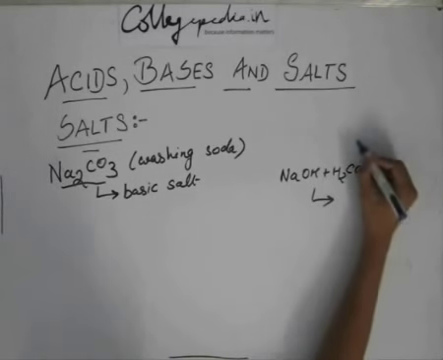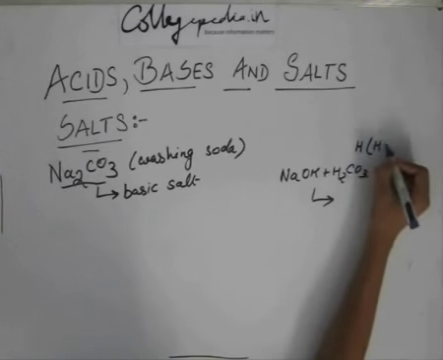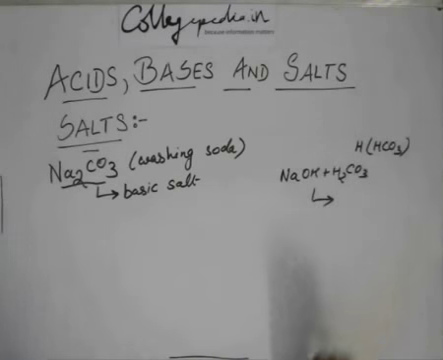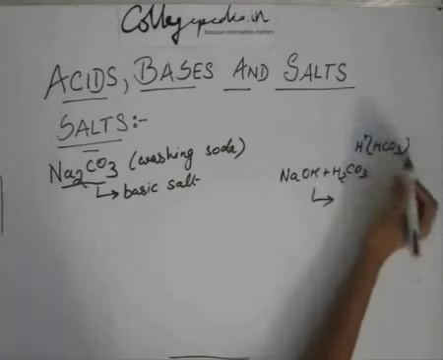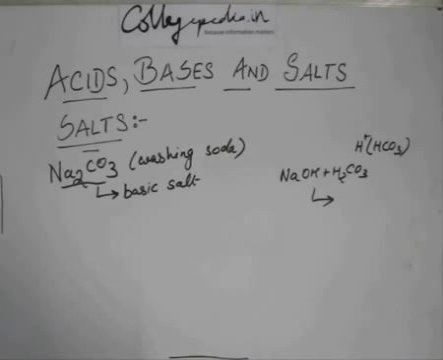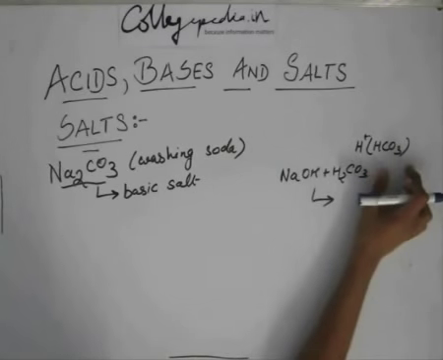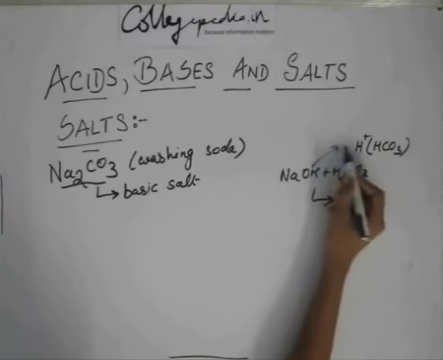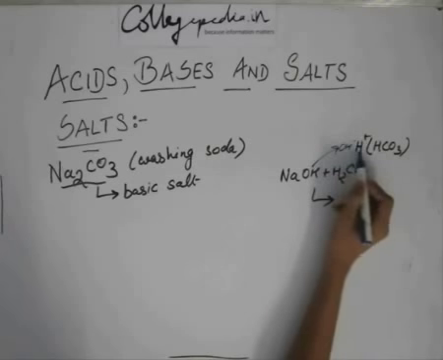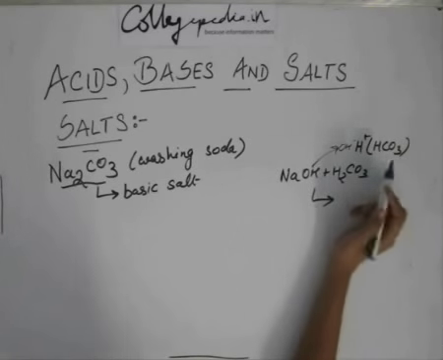This H2CO3 first acts as HCO3 and gives out one H plus in water. When it gives out this H plus, NaHCO3 is formed, because the OH minus and H plus form water.